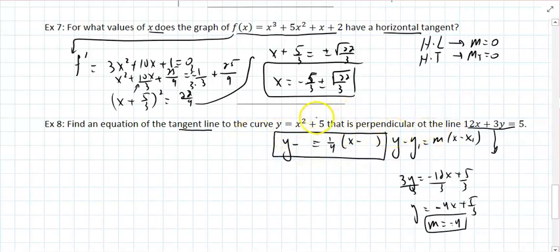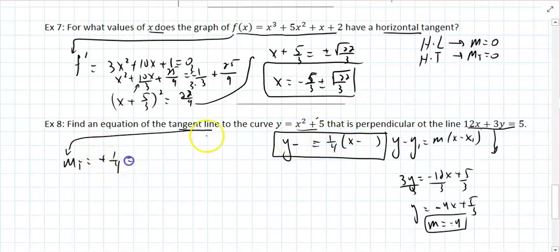So, since this tangent line to this curve is going to be perpendicular to this, the slopes have to be negative reciprocals. So here the derivative of the tangent is going to be positive 1/4. Find the equation of a tangent line that's perpendicular to this. Yeah, so it's 1/4, my mistake.